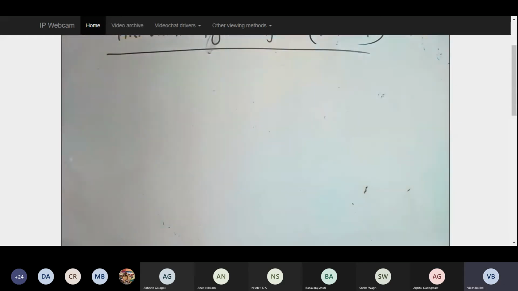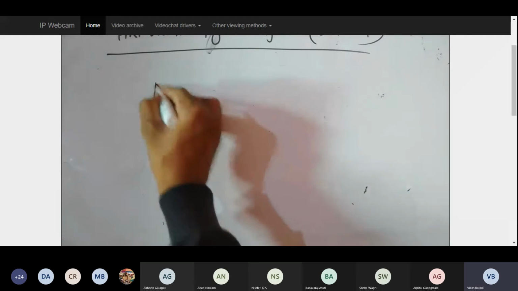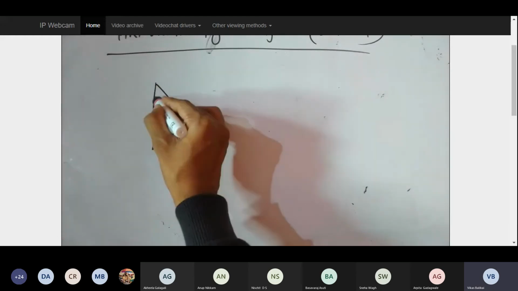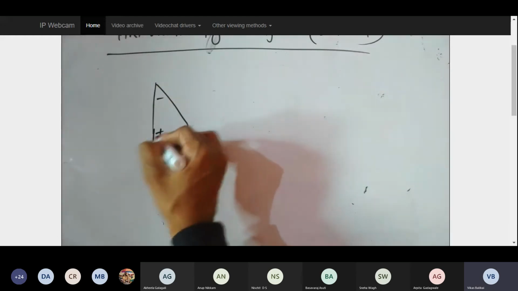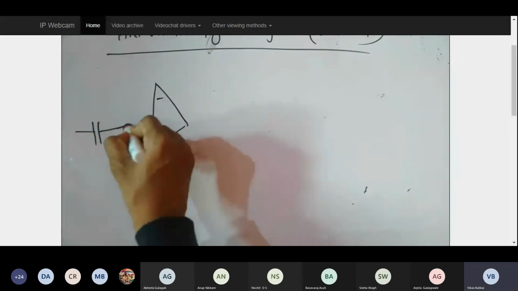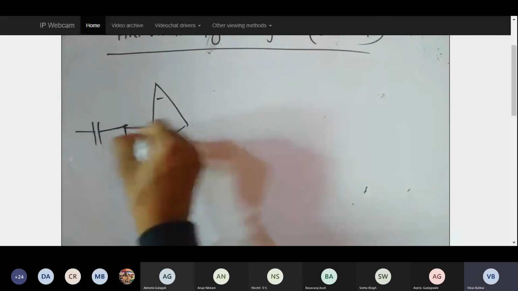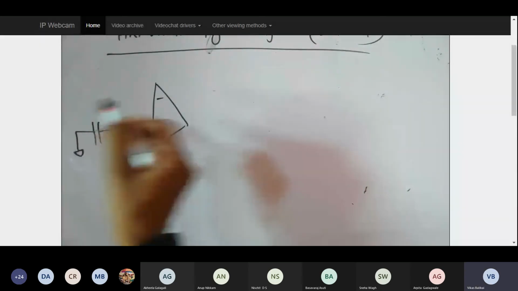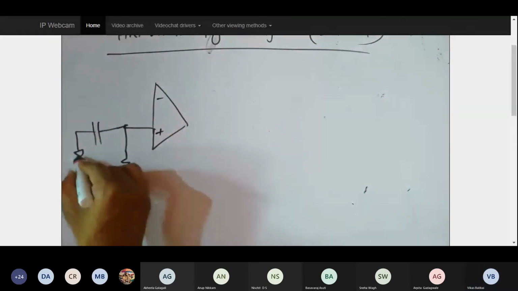The concept and the analysis part is going to remain the same. The difference lies in the circuit. So let's try to draw the circuit quickly and come to a conclusion of how exactly I am going to obtain the gain equation. It is a very small modification between high pass and low pass.